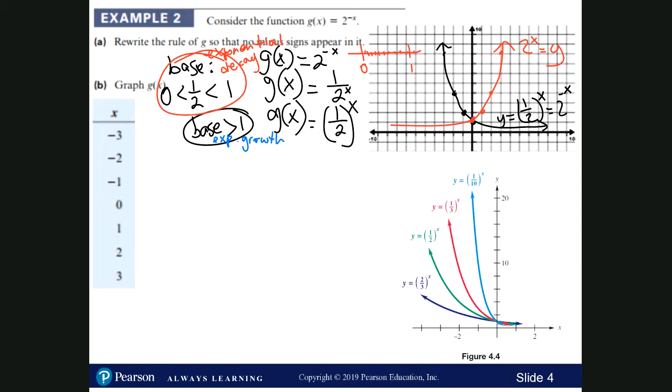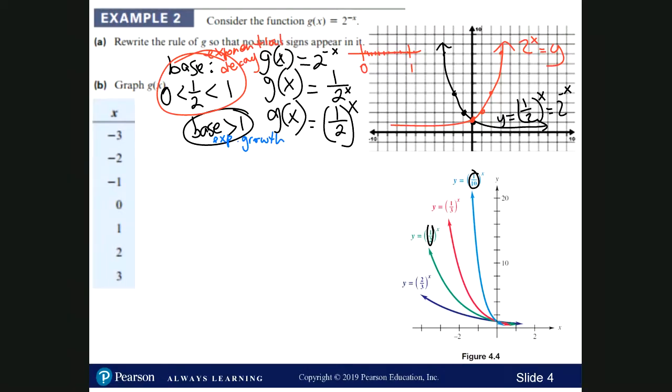Well, also it's important to notice that if we're talking about exponential decay, the smaller the base, the steeper the decrease. So in this case, 1/10 is way smaller. 1/10 is smaller than 1/2, right? So if the base is smaller, the function will be decreasing at a faster rate.